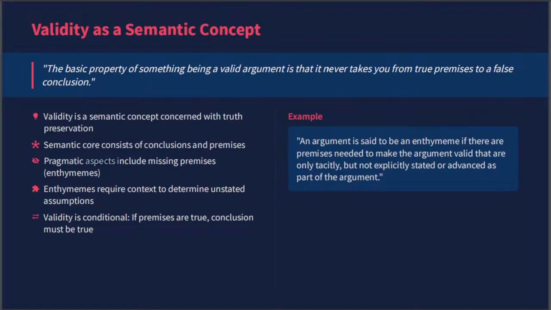The pragmatic aspects include missing premises, the enthymemes. So the enthymemes are the incomplete ones, which we'll get into in a little more detail real quick. The enthymemes require context to determine the unstated assumptions. So they're leaving parts of the argument structure out, but there's enough context to glean what they are supposed to be. Validity is conditional. If premises are true, conclusion must be true.